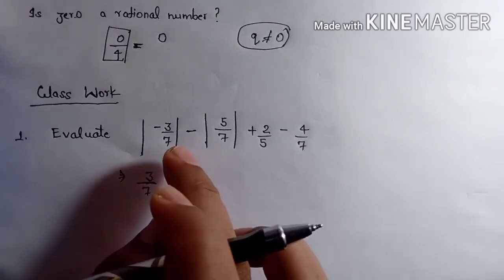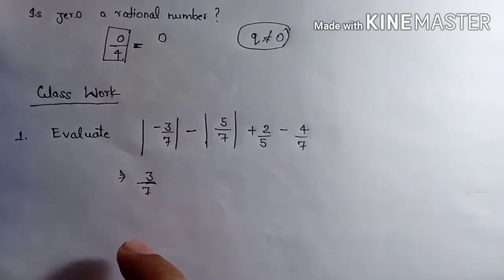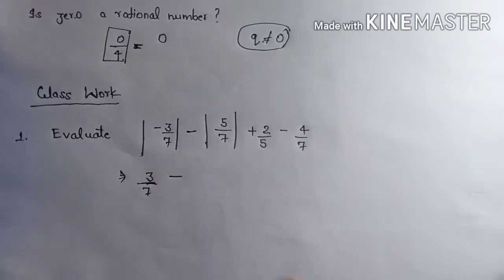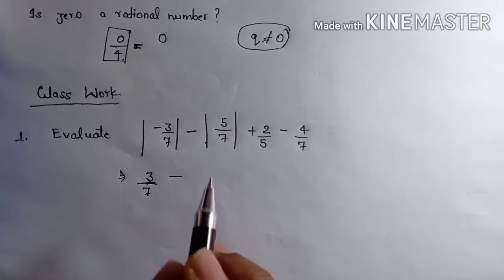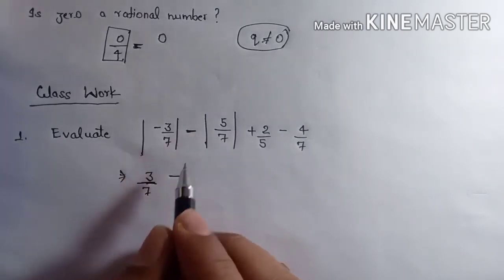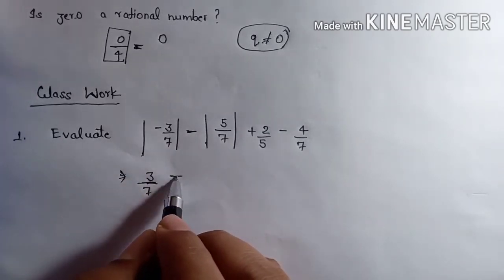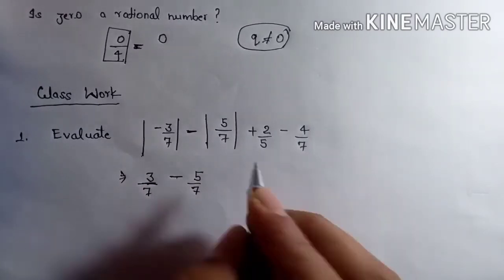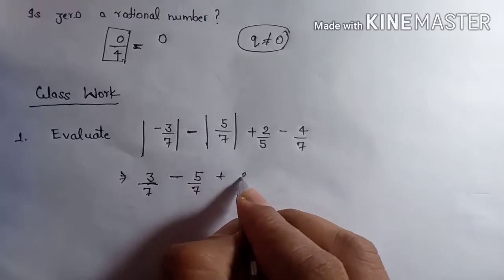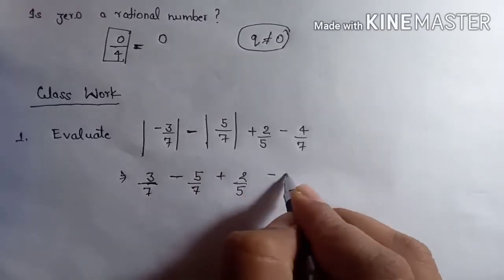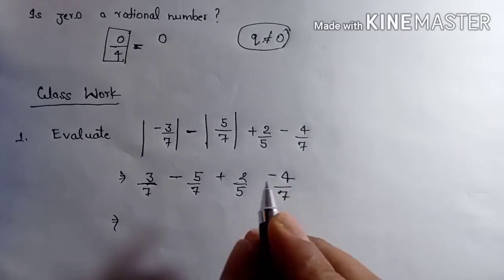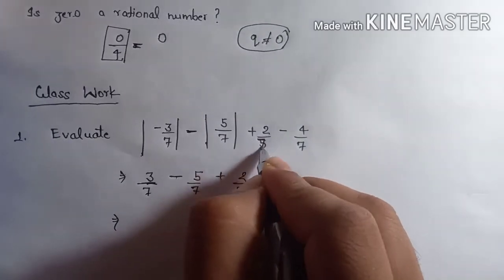So this minus 3 upon 7 is now 3 upon 7, and minus 5 upon 7 is already a positive rational number, so you can write it directly, but this negative sign is outside the mod, so you have to write it here. Then 5 upon 7, and plus 2 upon 5 minus 4 upon 7. I think it is also 7 there. Check the question.